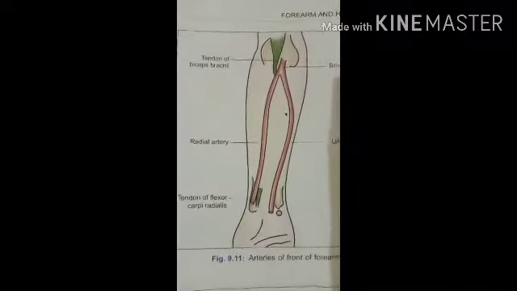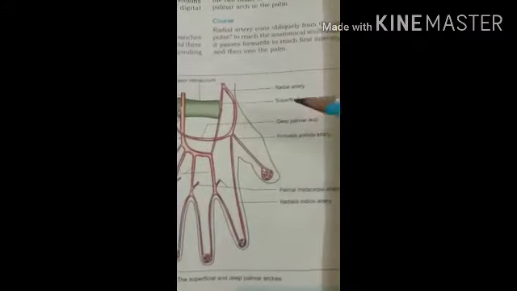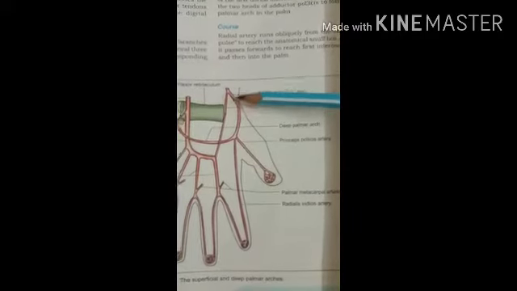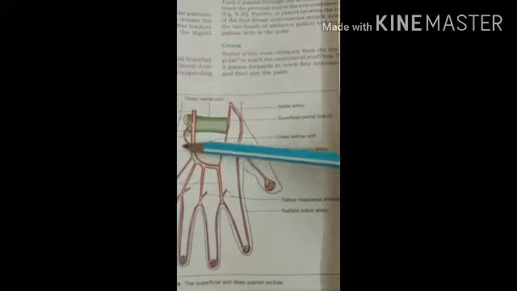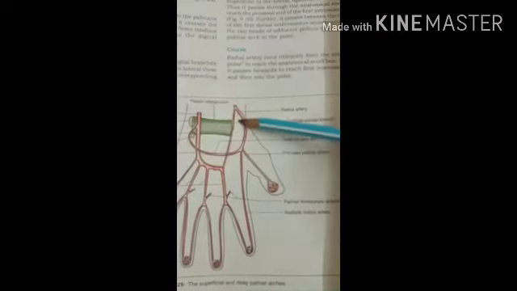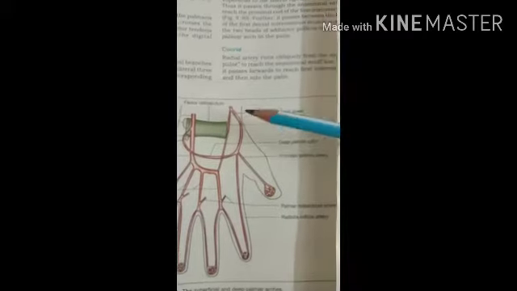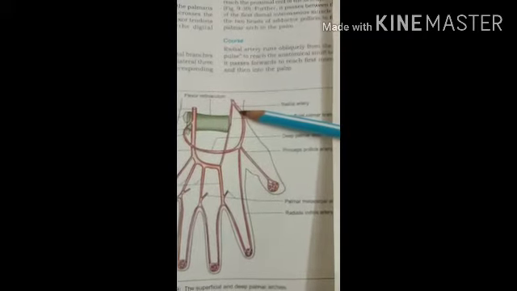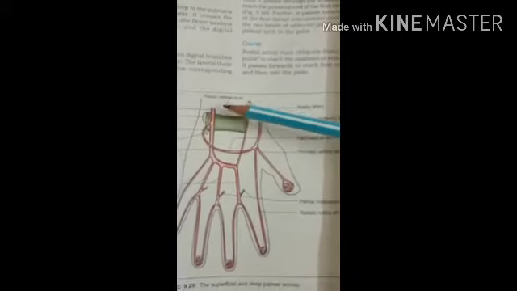For this you can see another diagram. Here in this diagram you can see the palmar carpal branch, this one. It arises near the wrist and anastomoses with the palmar carpal branch of the ulnar artery.